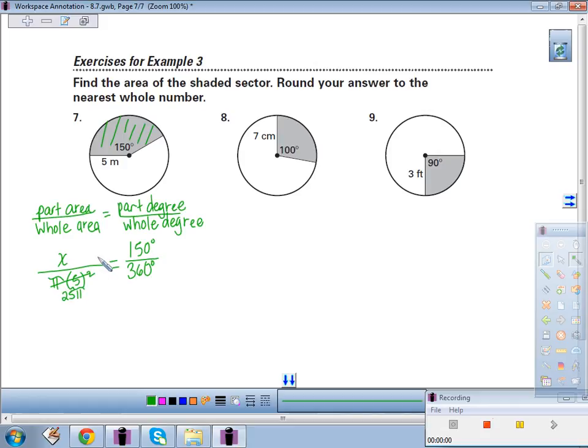So I would say x times 360, or 360x, and then cross multiply here, we get 25 times 150 times pi, or 25 pi times 150. And so you would type that entire thing in your calculator, 25 times 150 times pi, and that gives you about 11,781.